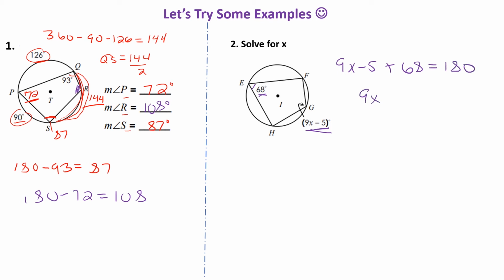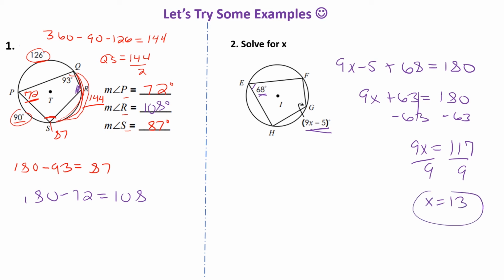So that would be 9x, and negative 5 plus 68 is 63. Just have this two-step equation left here. 180 minus 63 is 117, and then we divide by 9. X is 13. So we have solved for x.